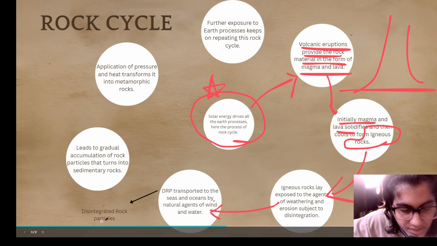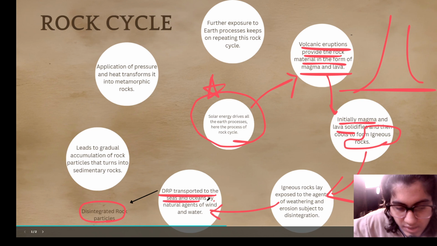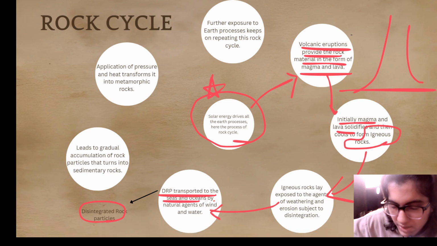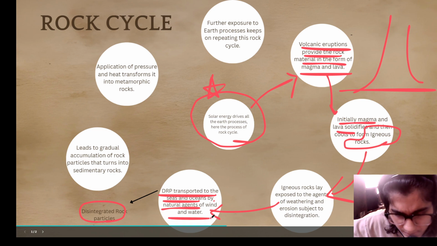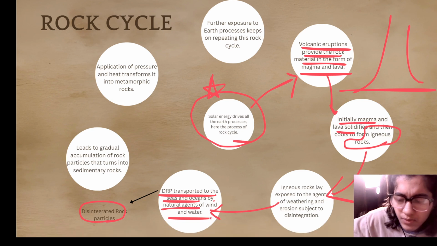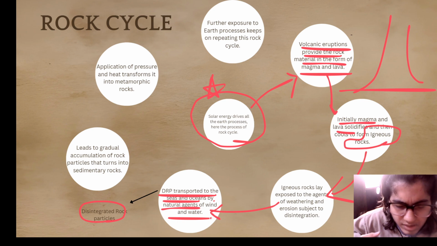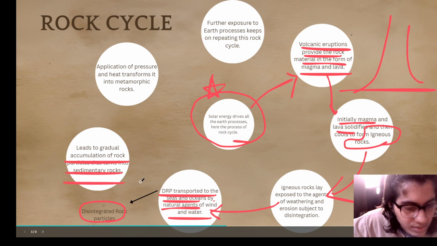Then DRP, disintegrated rock materials, are transported to the seas and oceans by natural agents of wind and water. There, with the constant hit received from water, which is now the agent of weathering, they come together, and this accumulation causes the sedimentary rocks.